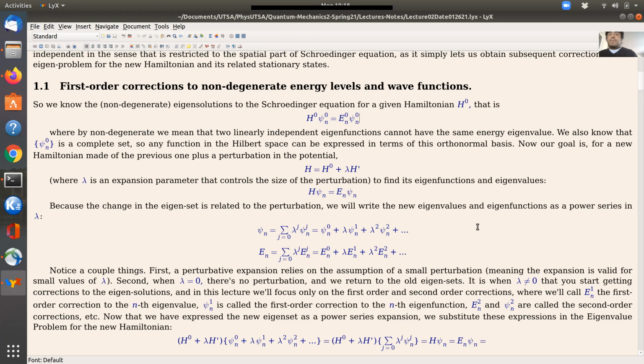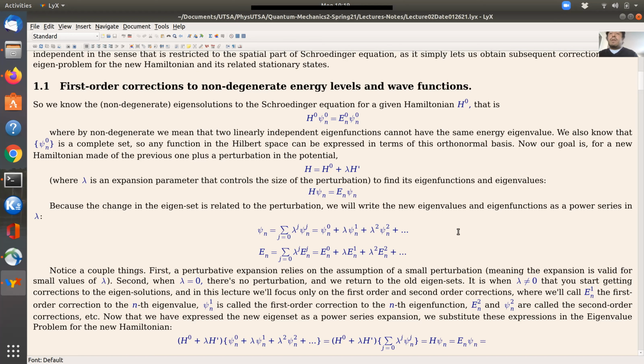So what are we going to do? We have this parameter that controls the perturbation. Perhaps what we can do is make a power series expansion of the new eigenfunctions and the new eigenvalues in terms of the parameter lambda, with subsequent corrections to the eigenfunctions and eigenvalues.